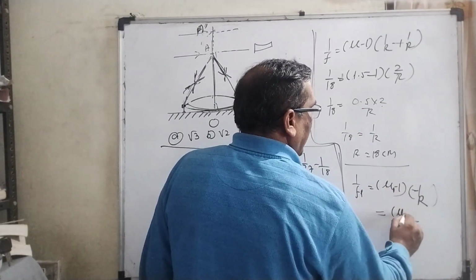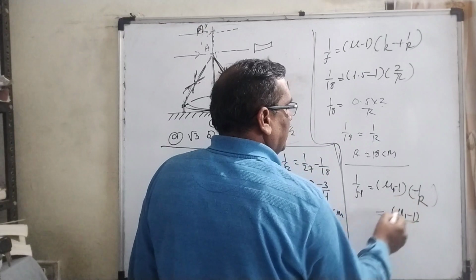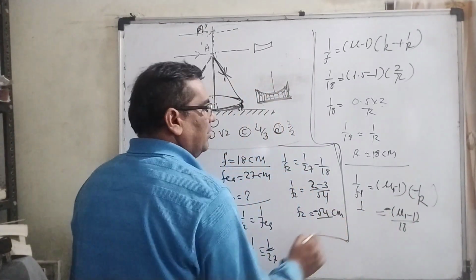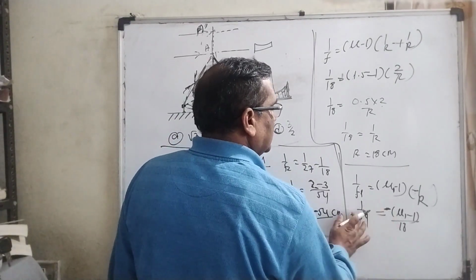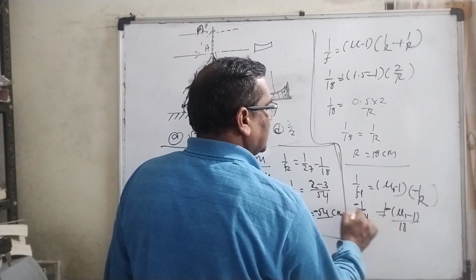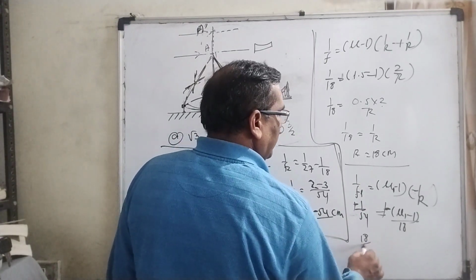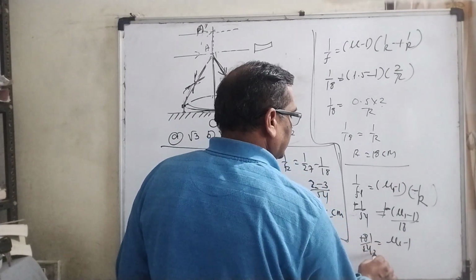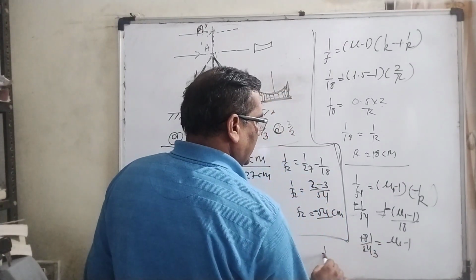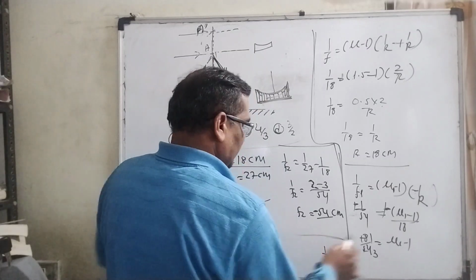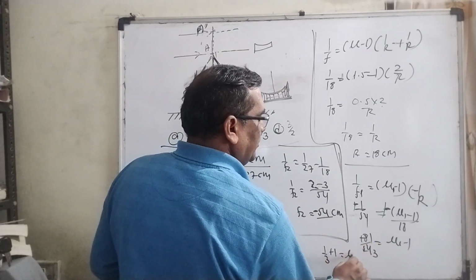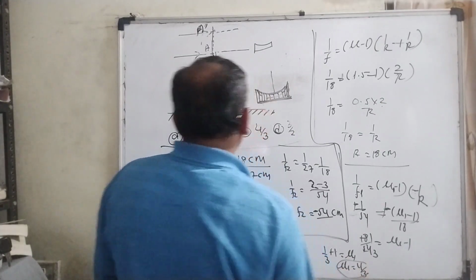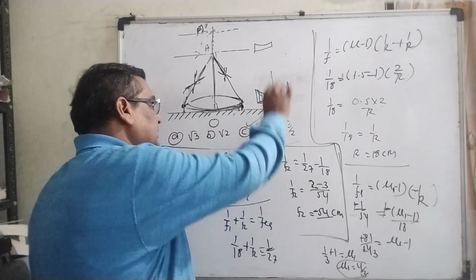We have to find mu L, and f L is minus 54. Minus shifted upward to the numerator, minus minus gets cancelled: 18 by 54 equals mu L minus 1. Then mu L equals 1 by 3 plus 1, so mu L equals 4 by 3. So option C is the correct answer.